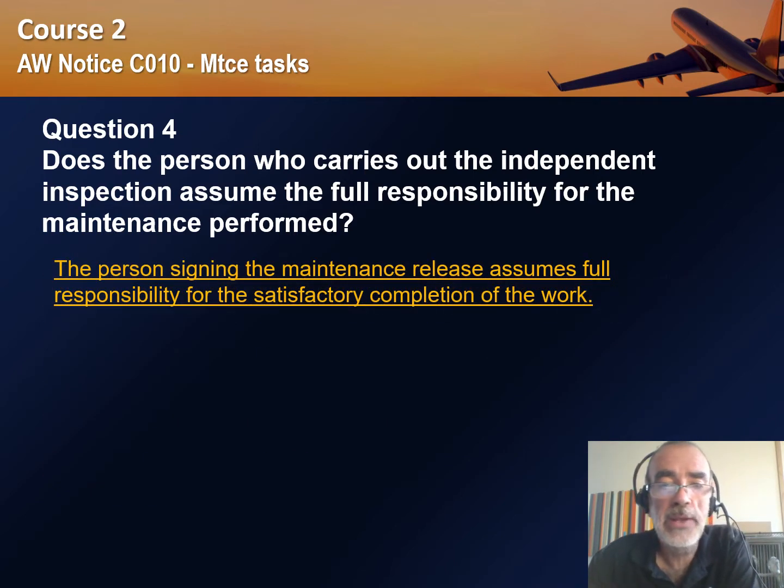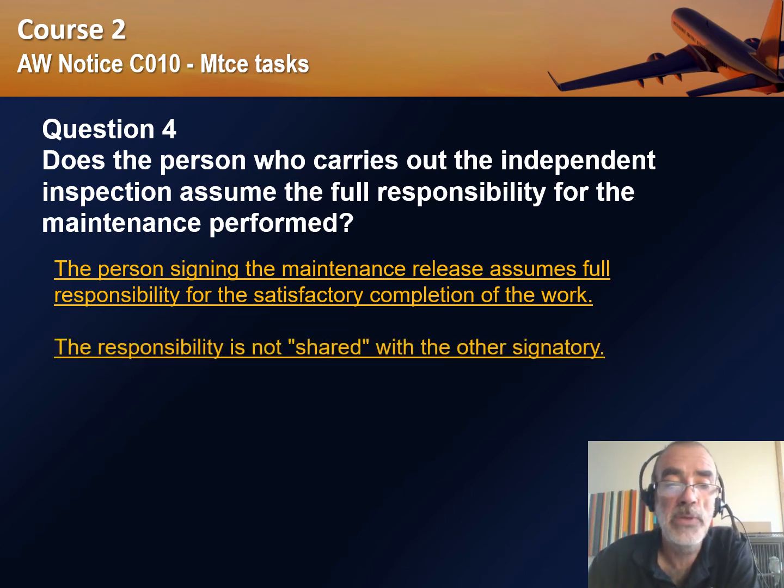Also, the person signing the maintenance release is the person who assumes the full responsibility of the satisfactory completion of the work. Responsibility is not shared with other signatories, meaning somebody who did the independent inspection is not accountable for the final signature.